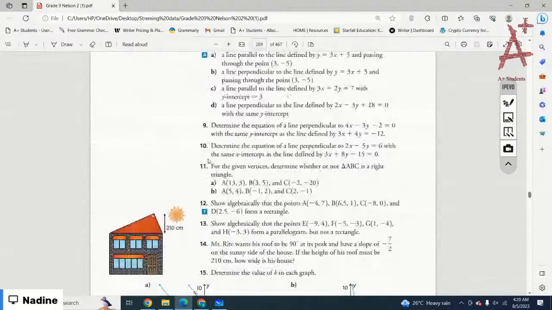Determine the equation of a perpendicular. Determine the equation of a line perpendicular to 4x minus 3y minus 2 equals 0 with the same y-intercept as the line defined by 3x plus 4y equals minus 12.